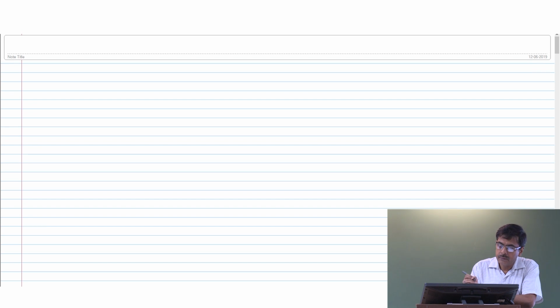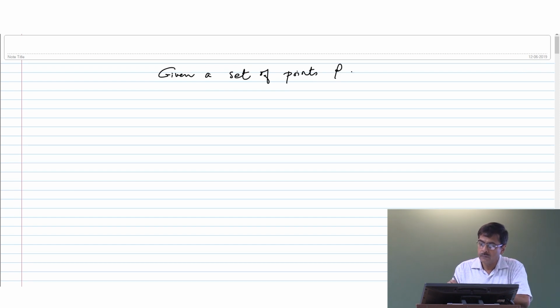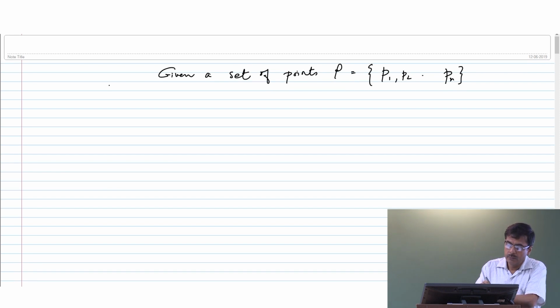Right? So with that short introduction, let me get started with a problem that I'm sure all of you are familiar with, that is: given a set of points P, find the closest pair.